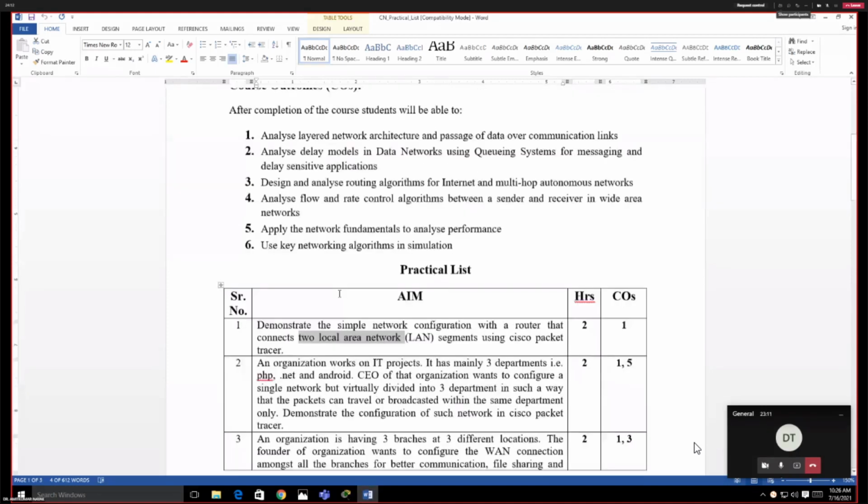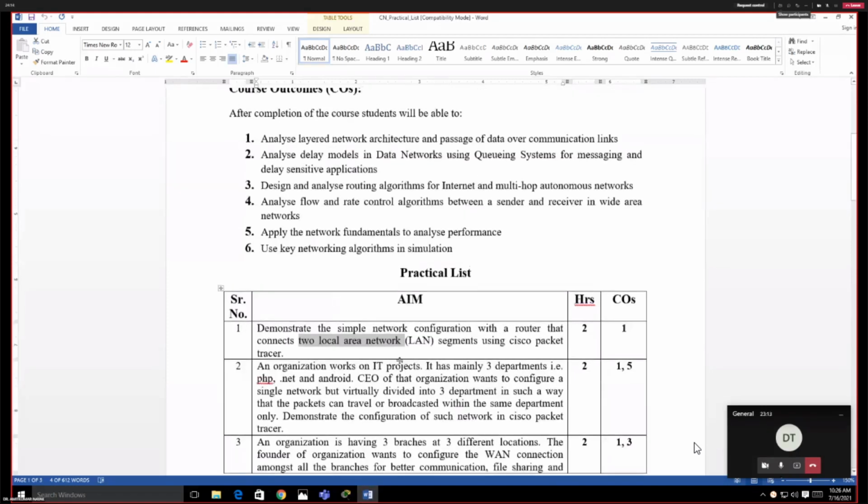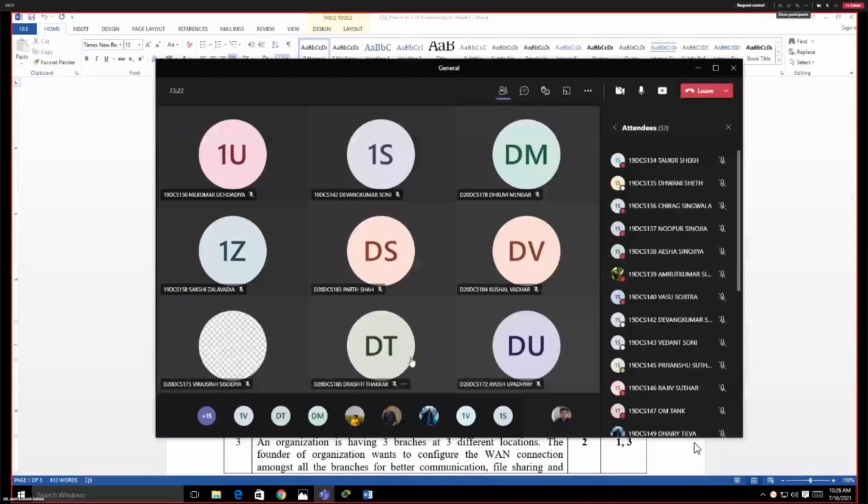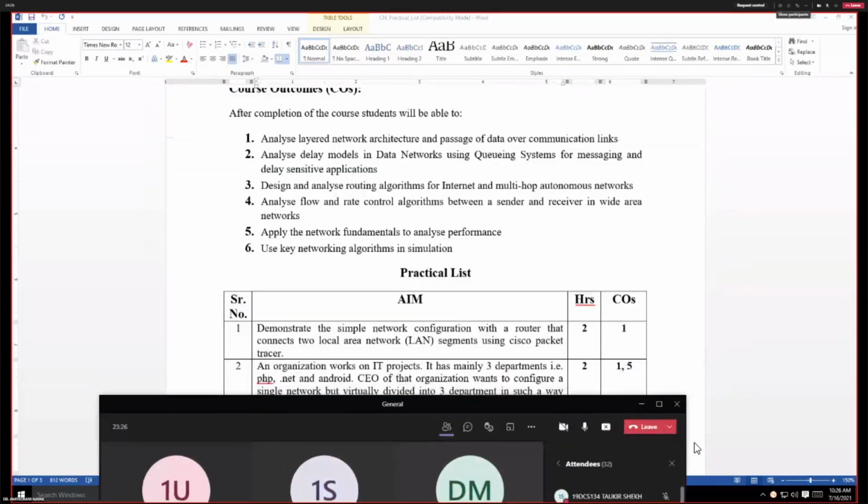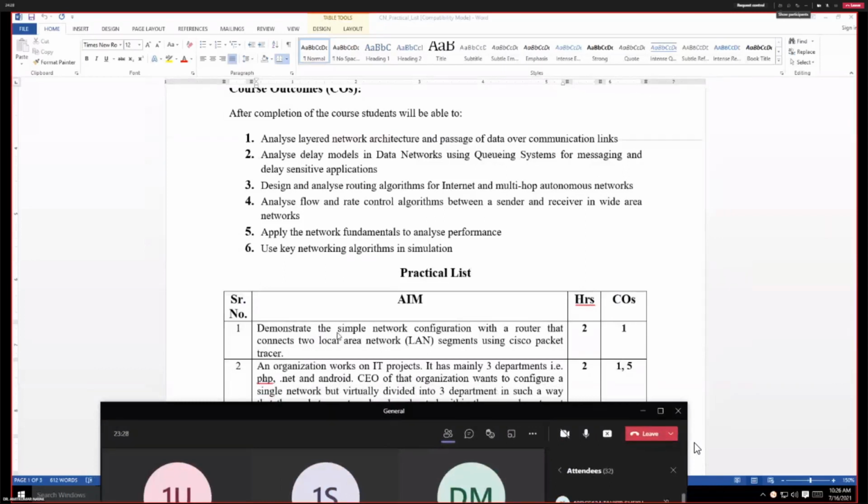I hope that all of you are clear with the aim. If you have any question or query related with the aim, then you can discuss with me. The aim is to demonstrate the simple network configuration with a router that connects two LAN segments using Cisco Packet Tracer.